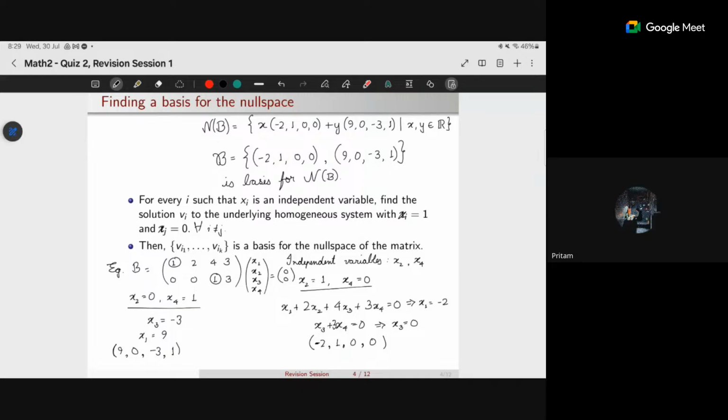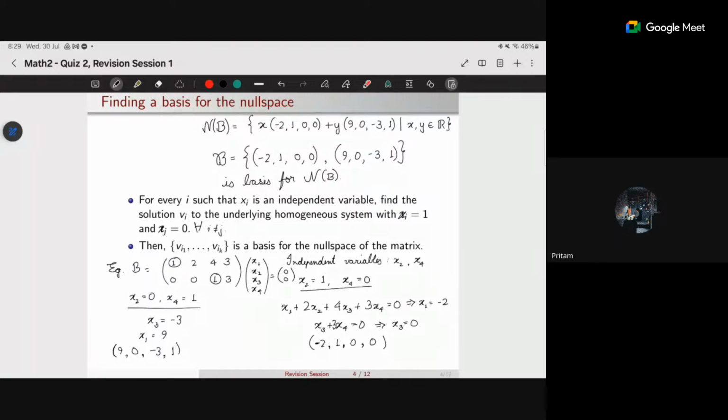And there can be infinite solutions of null space B. It cannot be infinite dimensional. So in this case, there are infinitely many solutions to the system of equations. If you vary x and y in R, you will get different solutions.